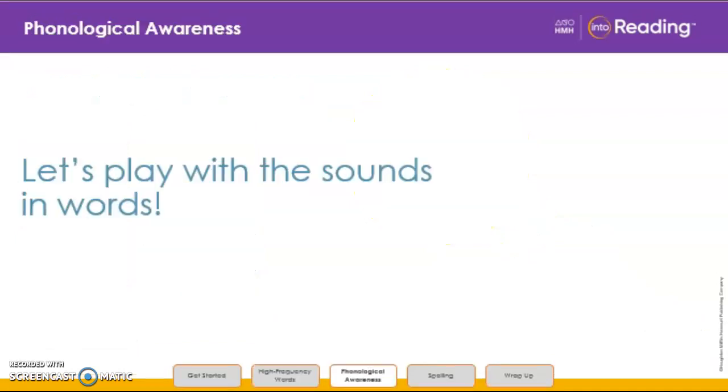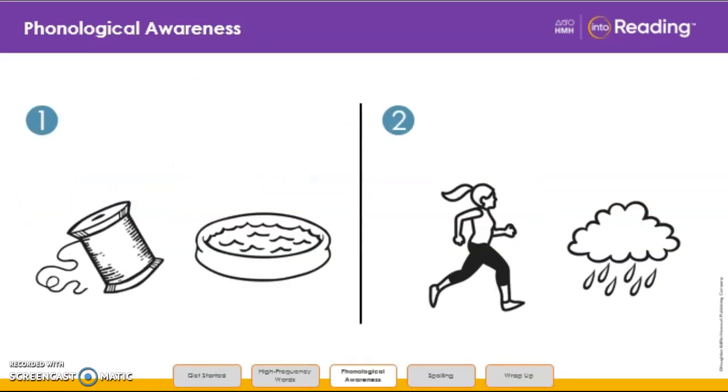All right. Now we're going to play with some sounds in words. I'm going to say each word, and then you blend the sounds that match the word. It's going to be one of these two words, all right?